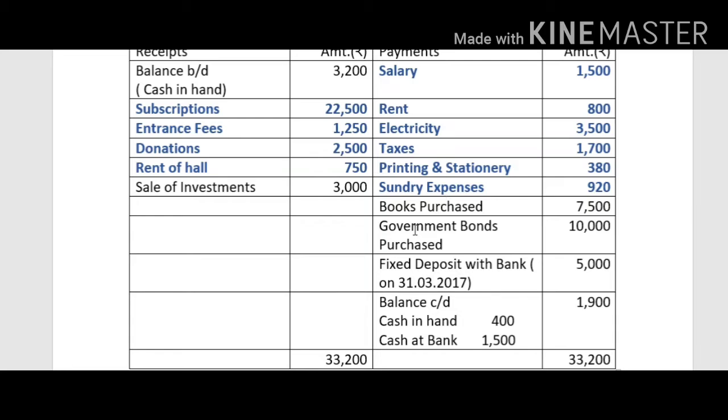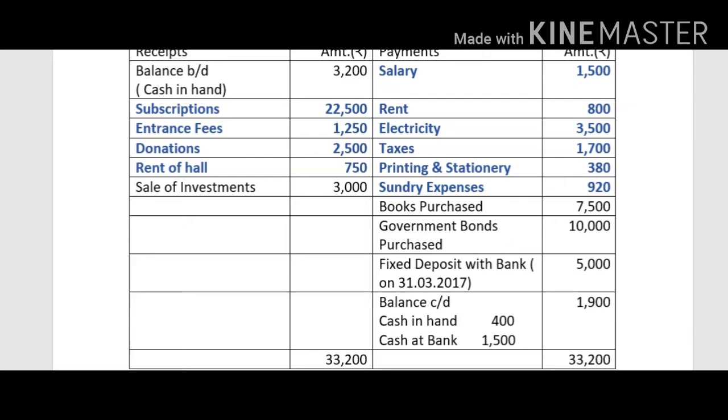Similarly, government bonds purchased are investments. These will be shown in the balance sheet. Fixed deposit with the bank is again an item of the balance sheet. Then balance carried down. So with the help of these items, we will prepare the income and expenditure account.